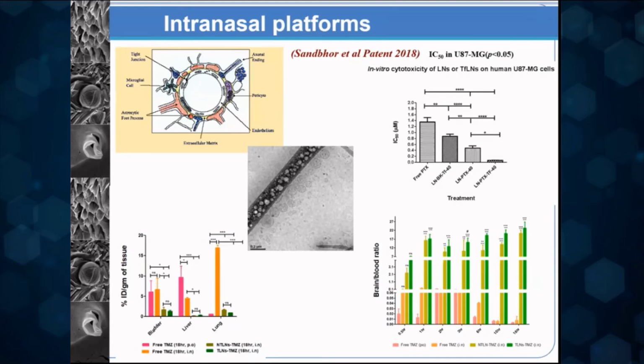Now, for designing carriers for delivery to the brain, you have to have strategies to be able to pass through this blood-brain barrier. One concept is that of nose to brain delivery, which exploits the anatomical features of the uppermost part of the nose where the olfactory nerves are located.